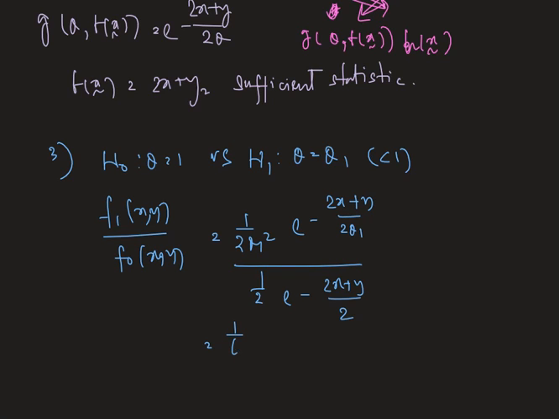So we get 1 by theta 1 square multiplied by e to the power minus (2x plus y) divided by 2 multiplied by (1 by theta 1 minus 1).